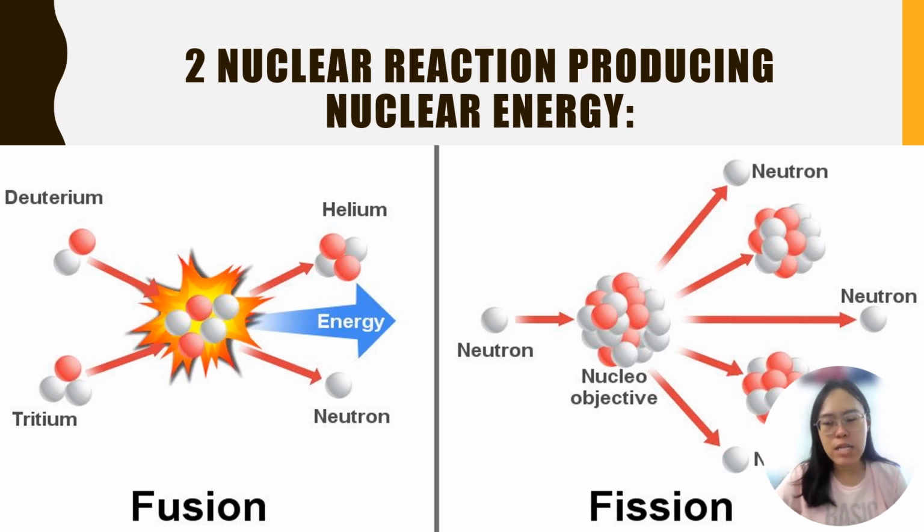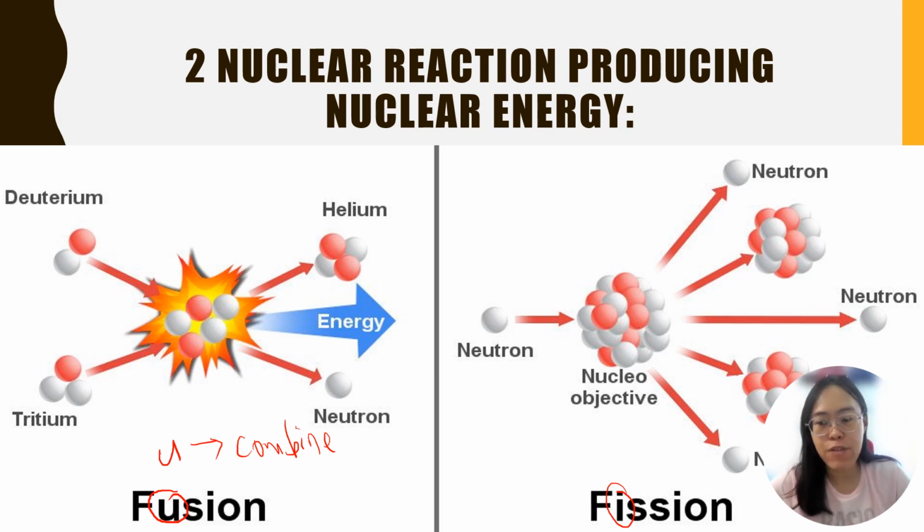How do I teach students to tell which is fusion and which is fission? Look at the letters U and I. The U is complete and together, so it is combined: two lighter nuclei combine to become one heavier nucleus, at the same time producing nuclear energy.